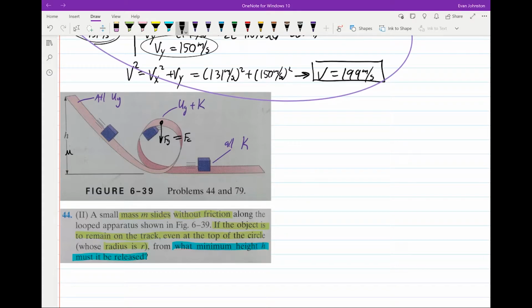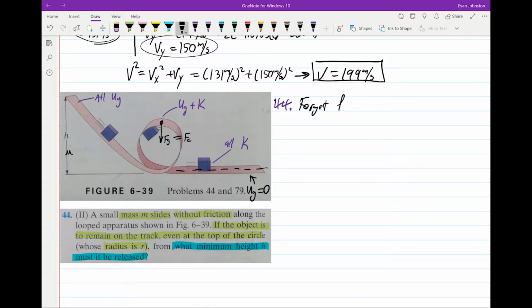That really means, whether you're aware of it or not, that we chose this height as the line where the potential energy due to gravity is zero. So for number 44 here, we get to go ahead and forget about friction. Yay.